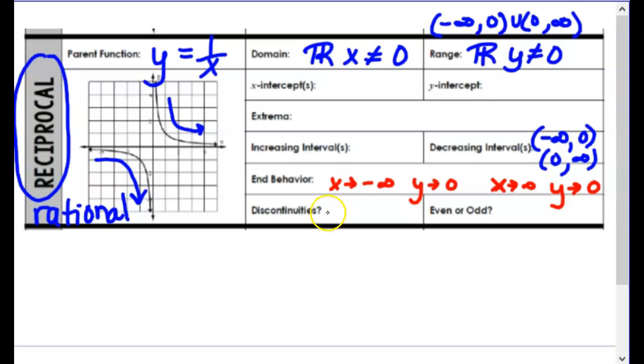It does have a discontinuity. It has an asymptote at x equals 0. They usually only want the x value of the discontinuity, and it is odd. We will not spend a lot of time on that one until we do a whole separate couple days on rational functions and reciprocal functions.